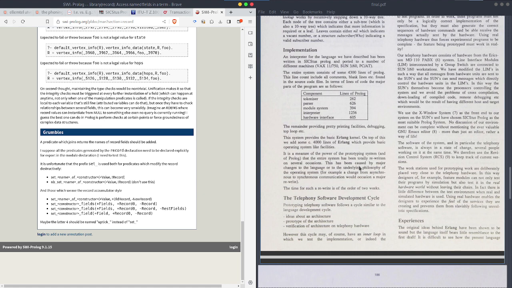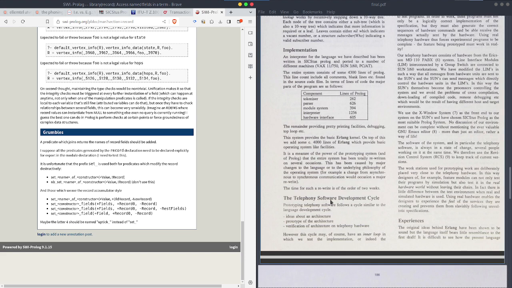This has been caused by major changes to the language or to the underlying philosophy of the operating system. For example, a change from asynchronous to synchronous communication will occasion a major rewrite. The time for such a rewrite is of the order of 2 weeks. That's crazy.